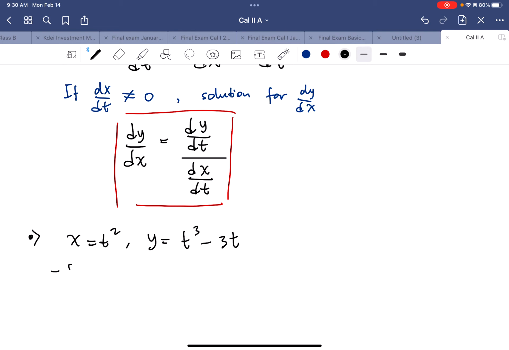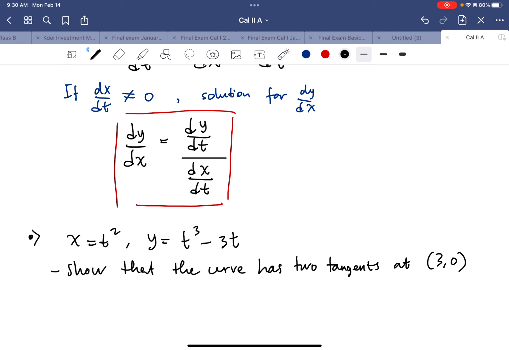Show that the curve has two tangents at the point (3, 0) and find the equations.